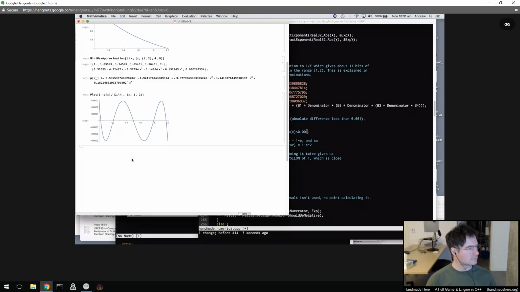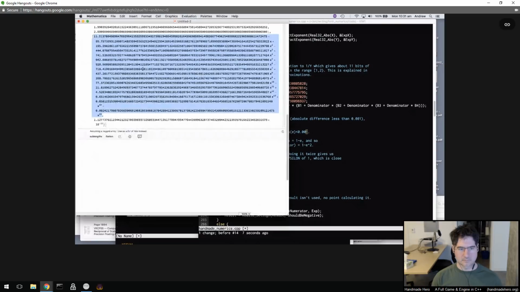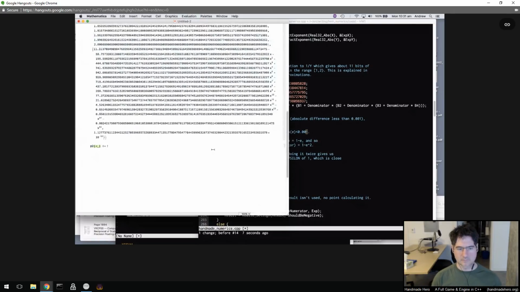So if I come up with a degree 15 approximation, nope, might have to bump up the working precision to, there we go, 100 digits. There's an order 15 polynomial that's good to 100 decimal places. And if I say P2 of x, I'm probably not using Mathematica well here.